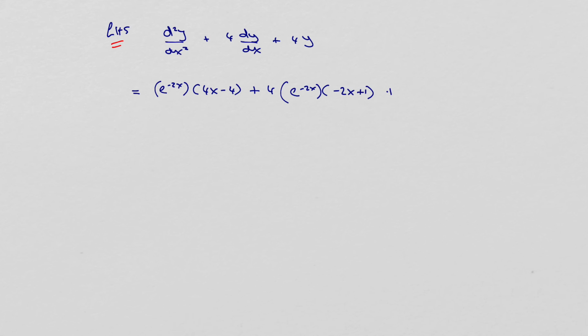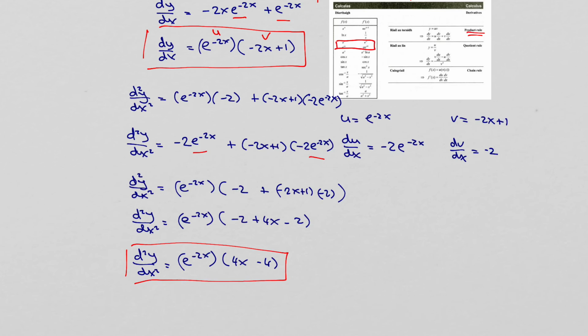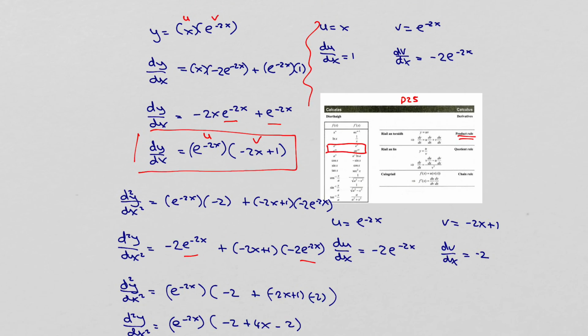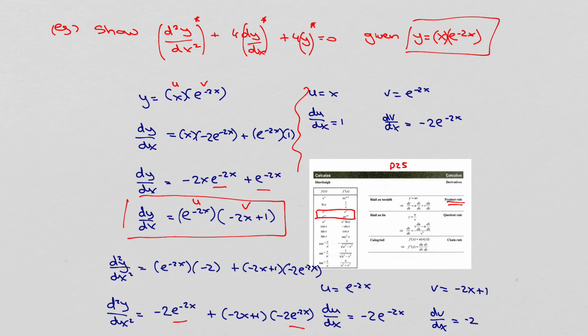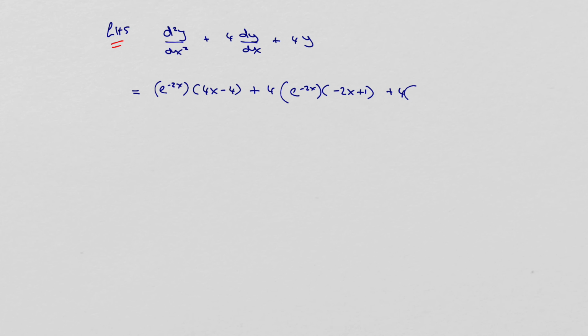And then I have 4 times y. And y we said was x times e to the minus 2x. Okay, so again, I could multiply out my brackets and then add all my like terms, or I can see, well, I have an e to the minus 2x in each of these terms. So I'm just going to take that out as being common.